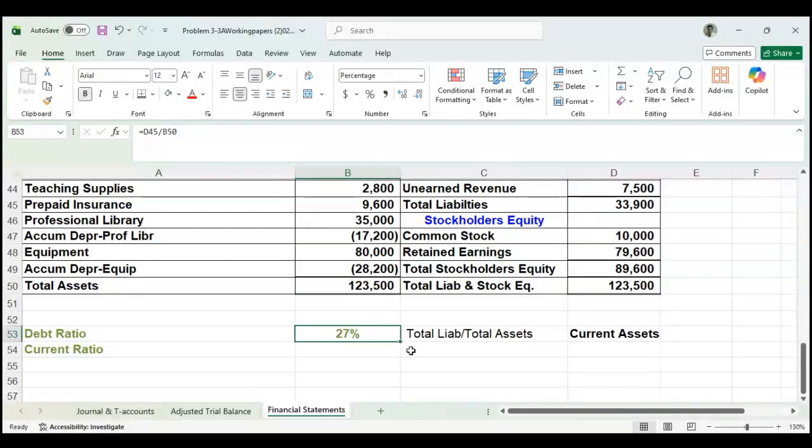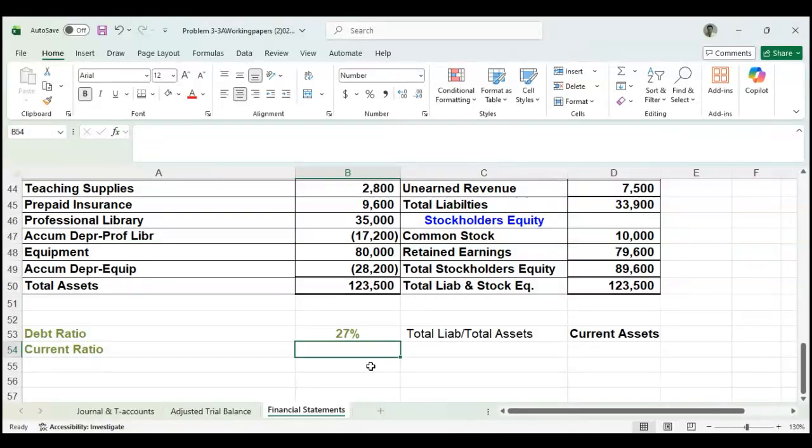And often those are purchased on credit, right, or on account. So keep some other factors in mind, but this company said basically creditors have a claim on 27 cents out of every dollar in assets. So that's pretty good. Now the current ratio is focused on our short-term stuff, right?